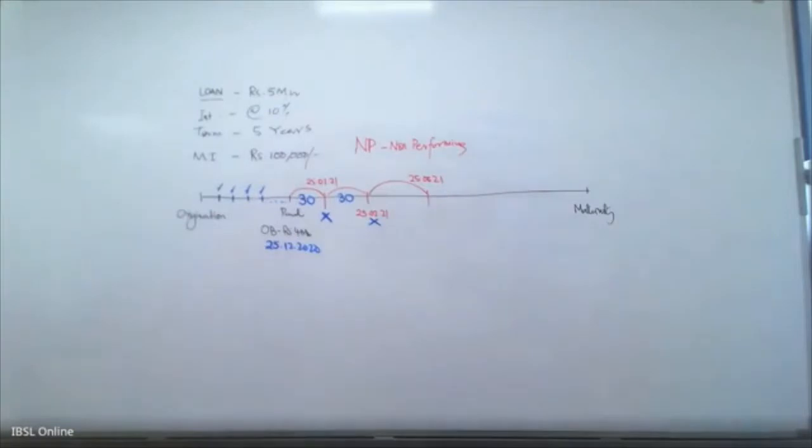There are multiple definitions on this. We call it 60 days overdue, in terms of classification of the loan into non-performing. So you have to be very careful how you do it.